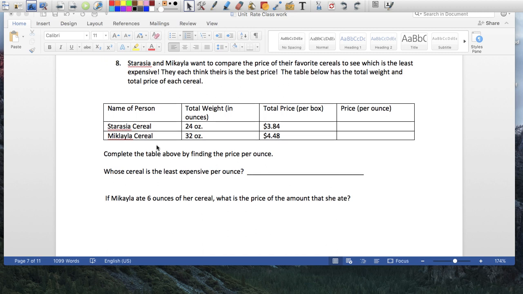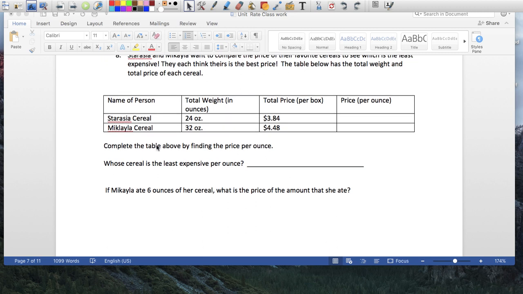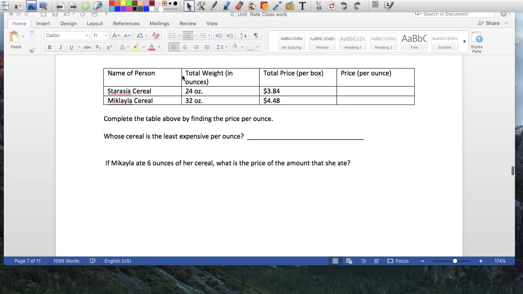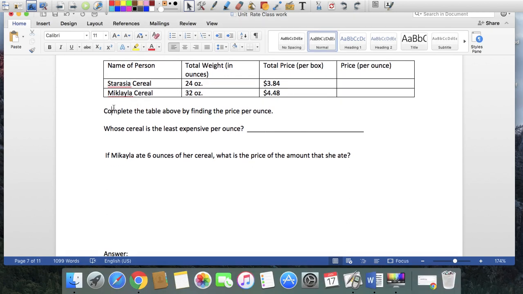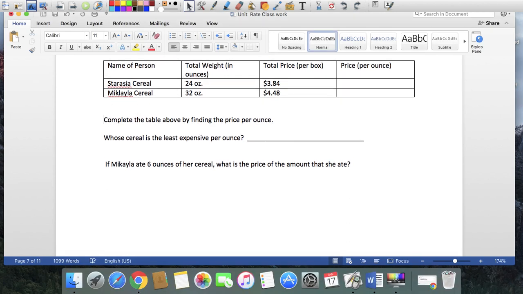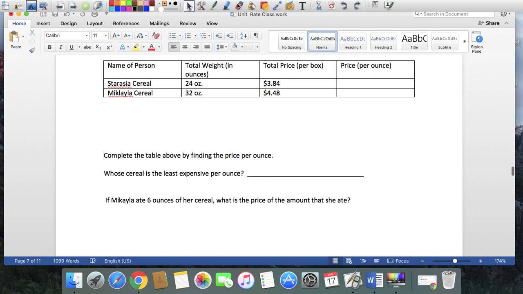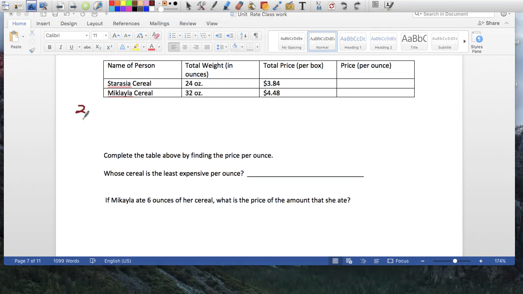So I'm going to do the first one, which is Starisa. She's eating cereal. These two people want to compare which of their cereals is cheaper. Starisa would be $3.84 for 24 ounces.